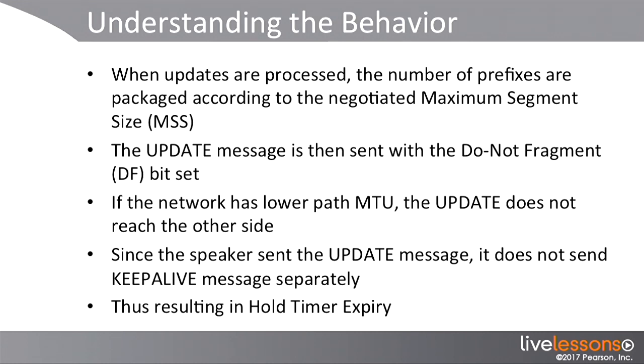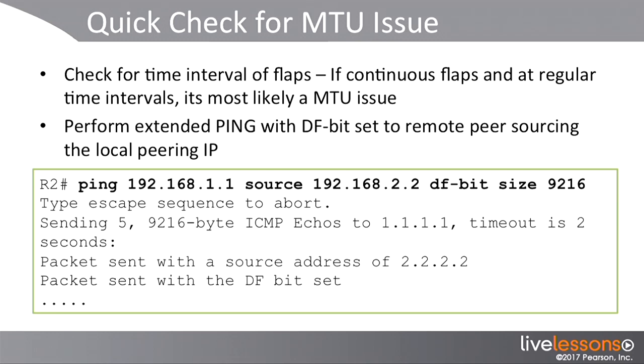One quick way to verify that your MTU is fine throughout the path is performing a ping test with the DF bit set, of the size of the interface MTU configured on your router. So if your MTU is configured to be 9216 bytes, you will initiate a ping of size 9216 with the DF bit set between the source and the destination.